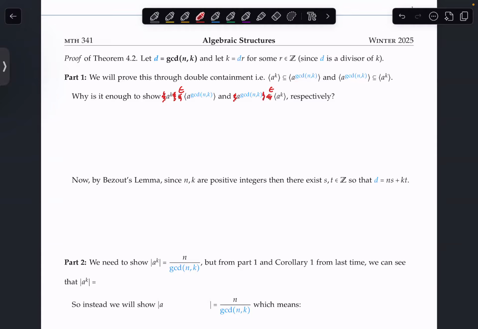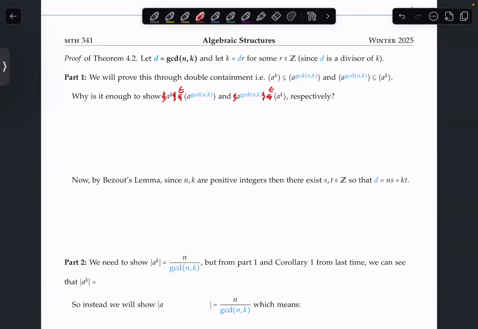It turns out that if I can show the generator of A to the K is in this group, then I know I get a subset here. And if I know that the generator of this one here is inside that group, I know that the whole group generated by it also has to land inside of there. Right, so it's much easier than my double containment. I can just show the generators have to land in the correct places, not just any element in there. The generator is going to be enough here.